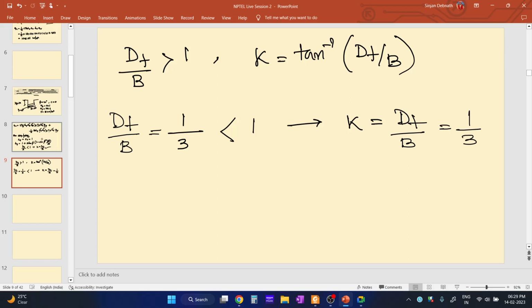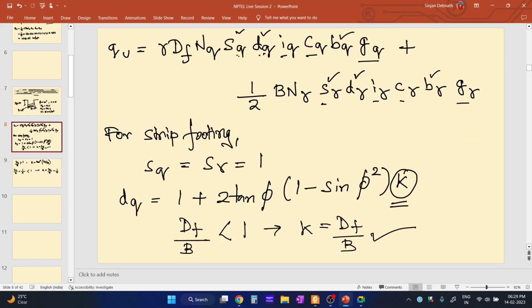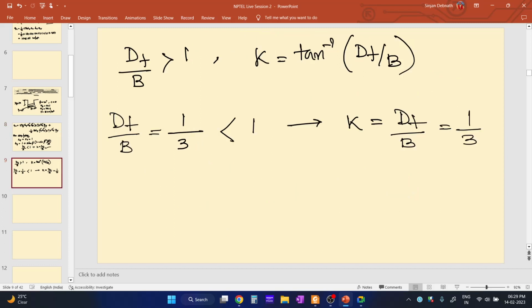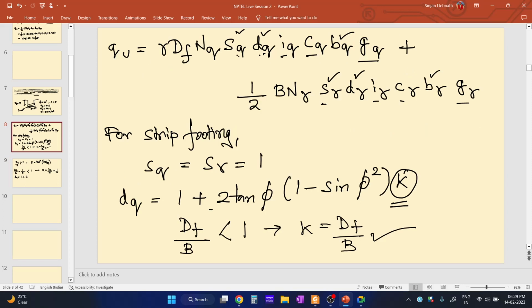So now let's find out the value of dq. dq is equal to 1 plus 2 into tan phi into (1 minus sin phi) square into k.